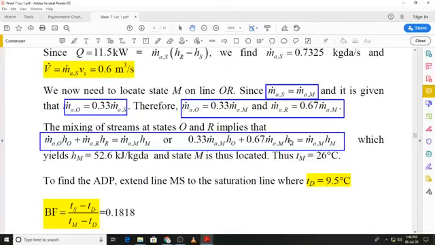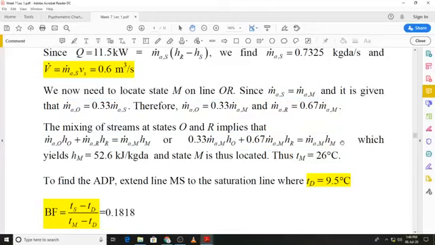We know the values of hr and ho, and that will give you the value of hm, which comes out to be around 52.6 kilojoules per kilogram dry air. Once we have the value for hm, we can use it to locate state m on the line OR, and after locating state m, we can find the dry bulb temperature at state m, which comes out to be 26 degrees.